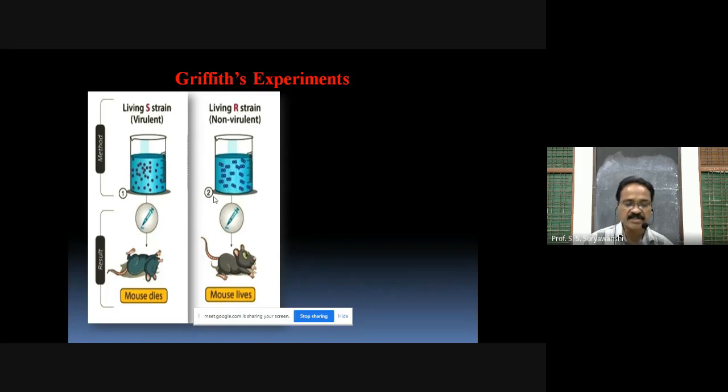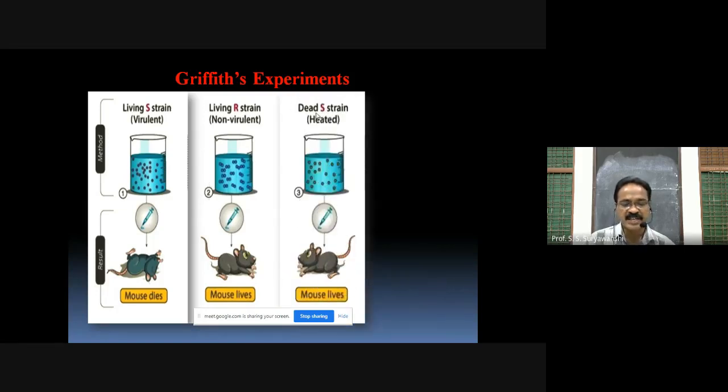Now the third, the heat-killed S strain, which is responsible for pneumonia and the cause of death. He observed that when it is heat killed, the result observed is similar to that of the R strain. That means what is present inside the S strain is now killed and does not cause suffering from any disease like pneumonia, and that group of mice lives.